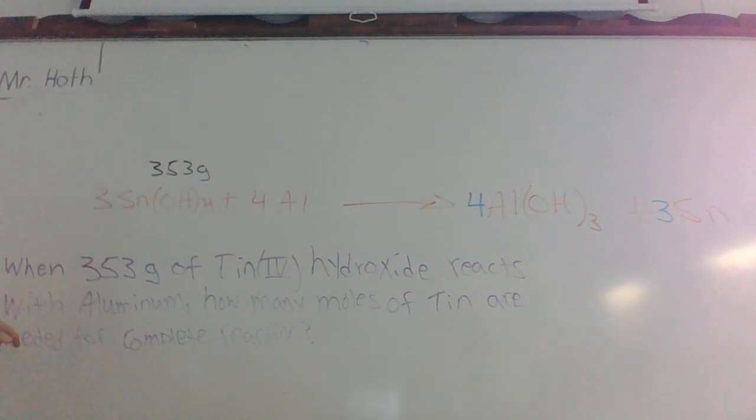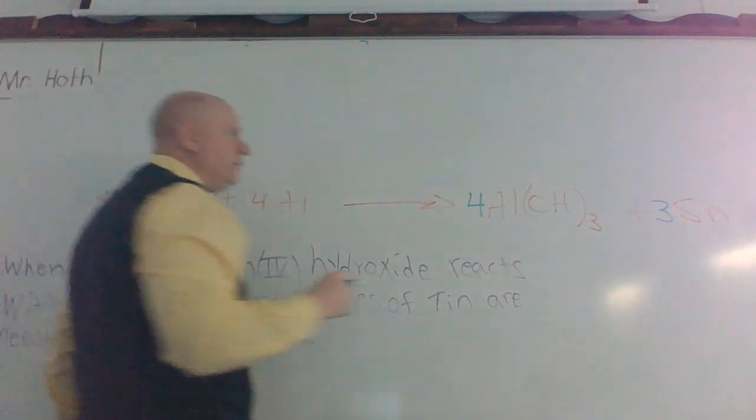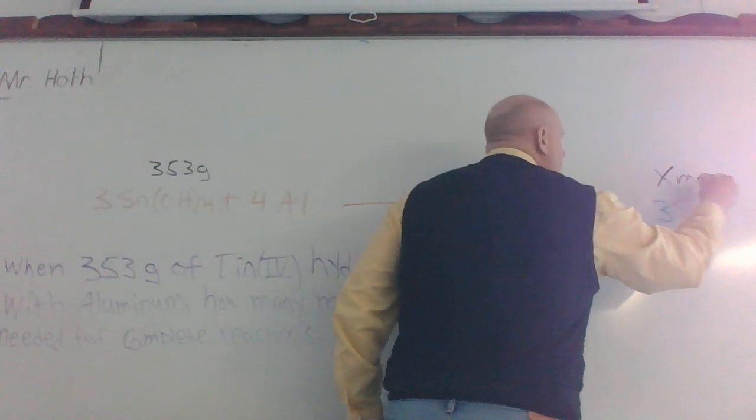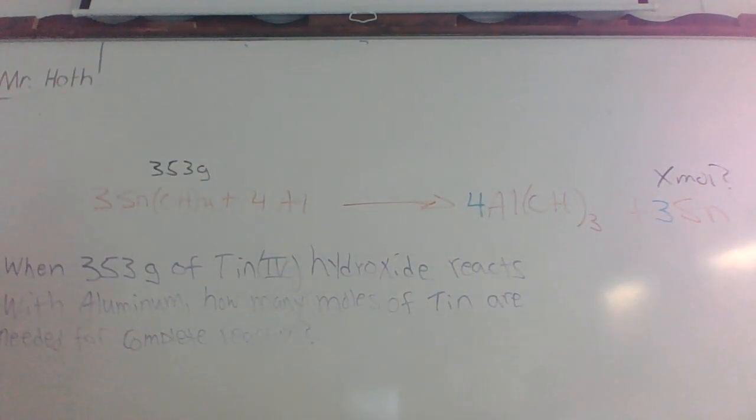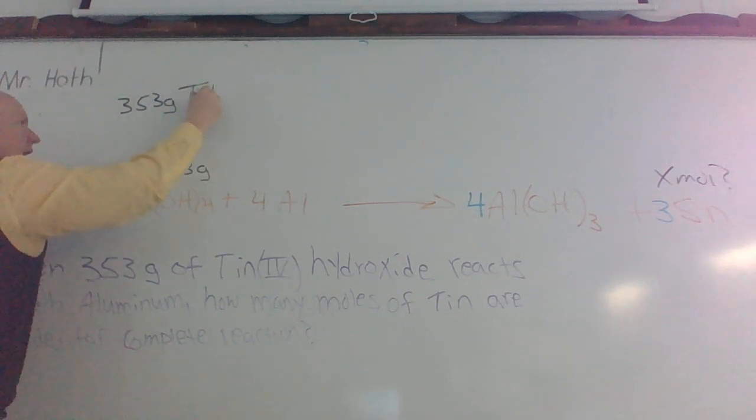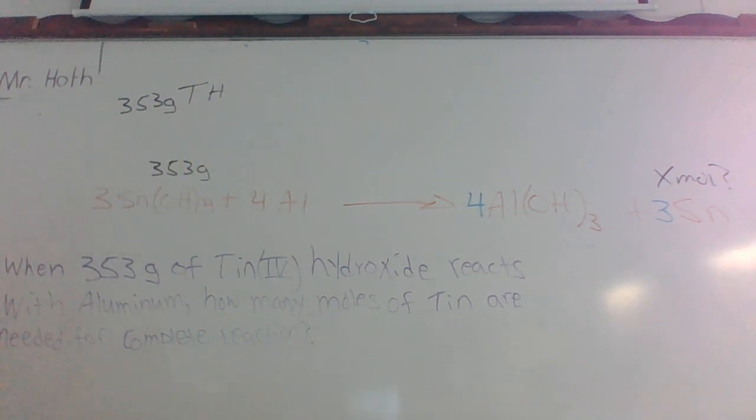And it's asking how many moles of tin. How many moles? Well, we don't know. That's what we're going to solve for. So, 353 grams of, and we can abbreviate this and just say tin hydroxide. Because you can always refer back to your compound here, tin hydroxide.